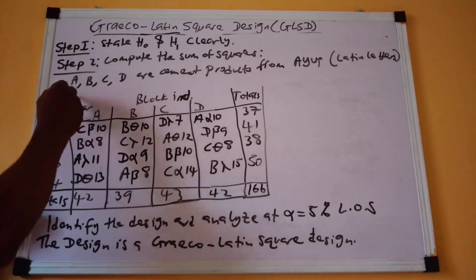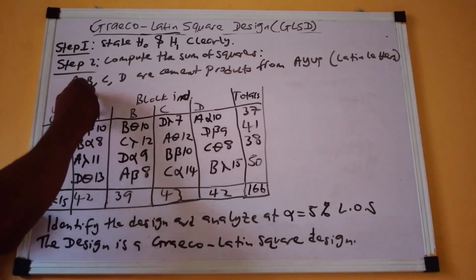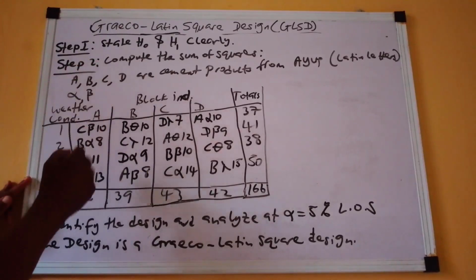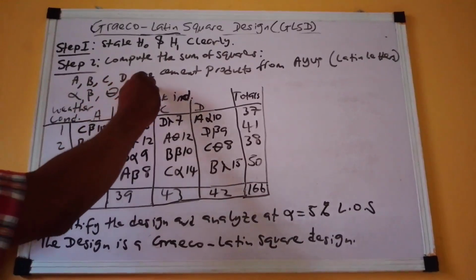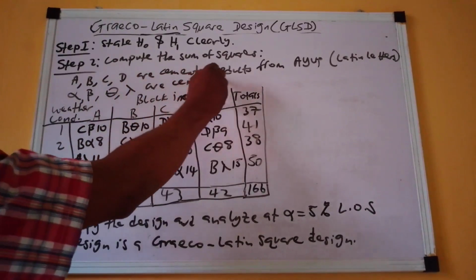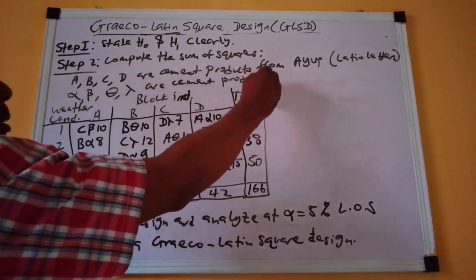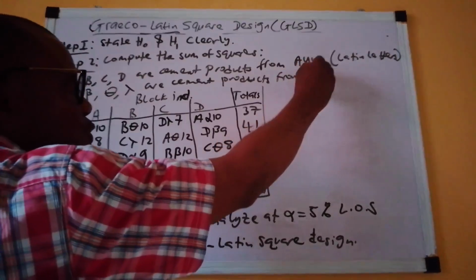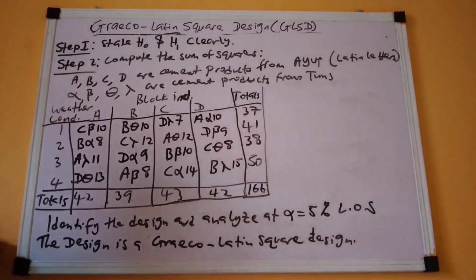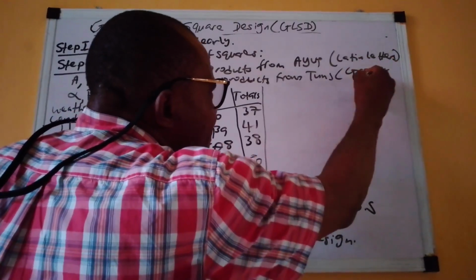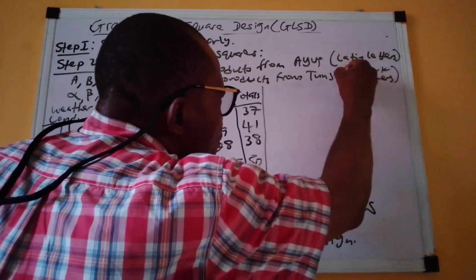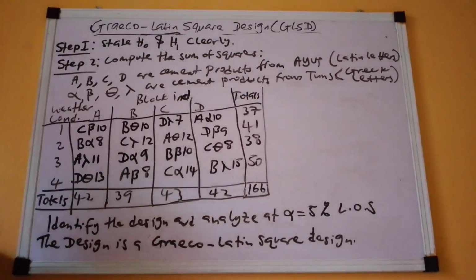Then our alpha, beta, theta, lambda are cement products from Tones. Remember, we have 2 cement industries, and these are our Greek letters. So you must take note of that. You must be able to distinguish between them.